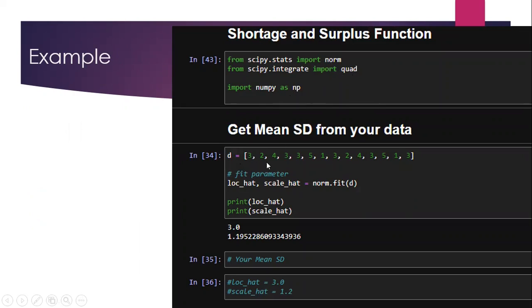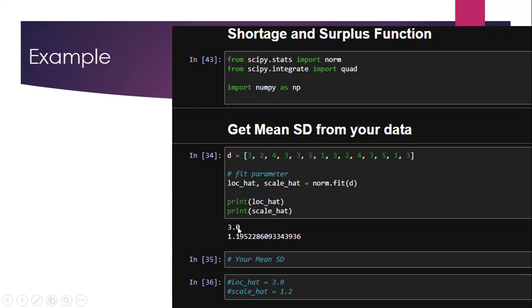If this is the historical demand, we assume that it is normally distributed, and we fit the normal distribution to calculate the mean and standard deviation. So this is actually the mean and standard deviation of this historic demand data.